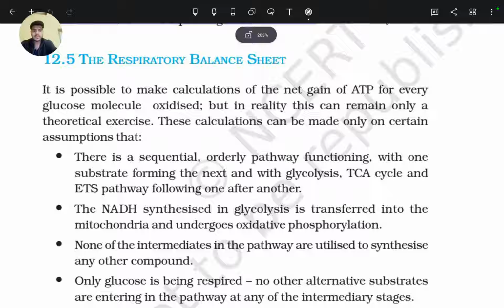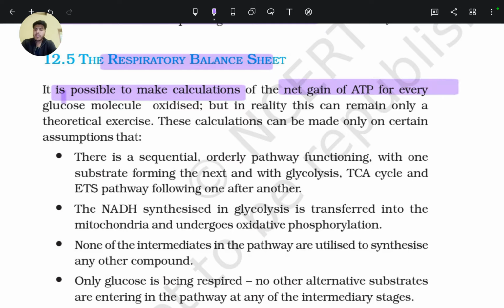So now let's read NCERT of this topic. The respiratory balance sheet. It is possible to make a calculation of the net gain of ATP for every glucose molecule which is oxidized. But in reality, this can remain only a theoretical exercise.